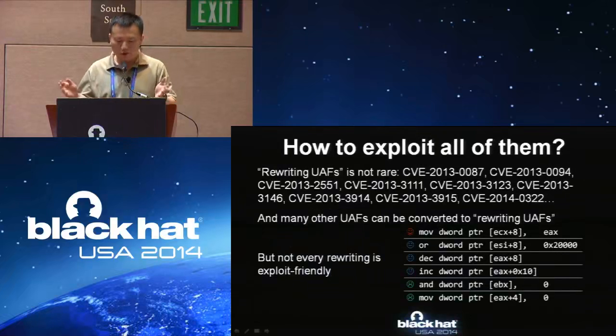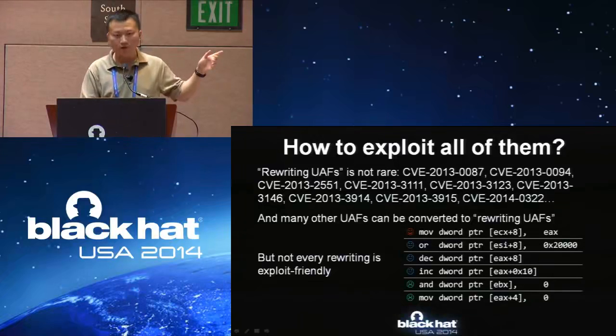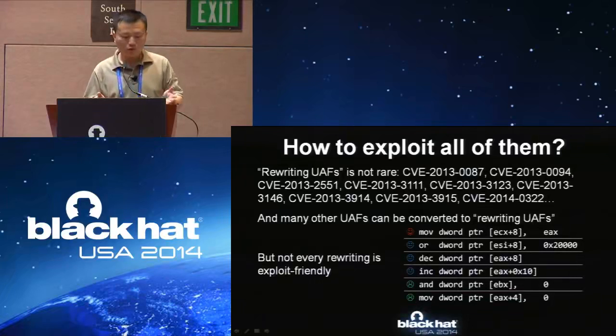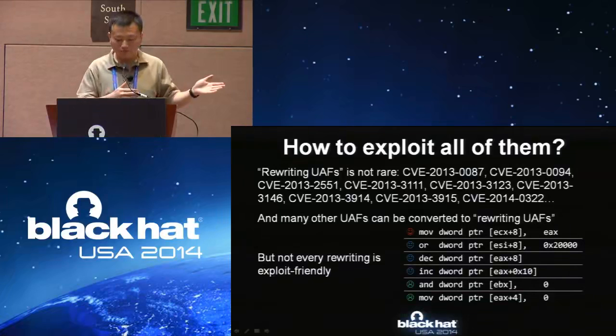And rewriting UAF is not rare, but not every rewriting is exploit-friendly. The first is a lovely one, write any value to any address, but the others are not so lovely, not fully controlled. How to exploit all of them? That's also on the question list for you.